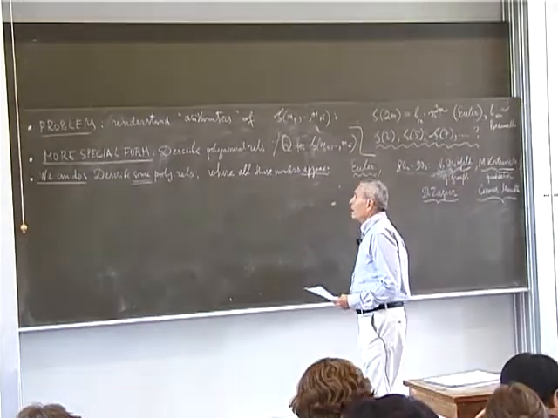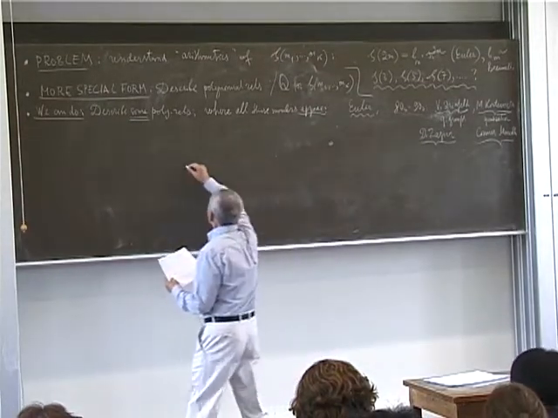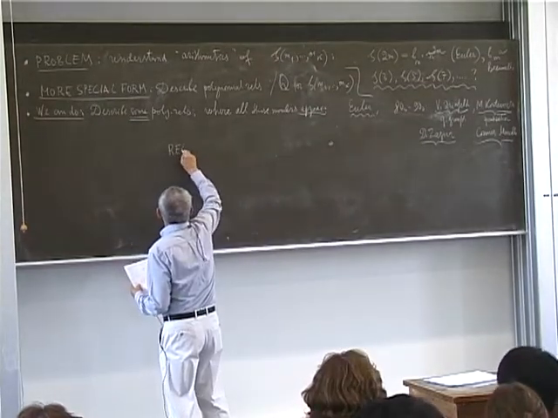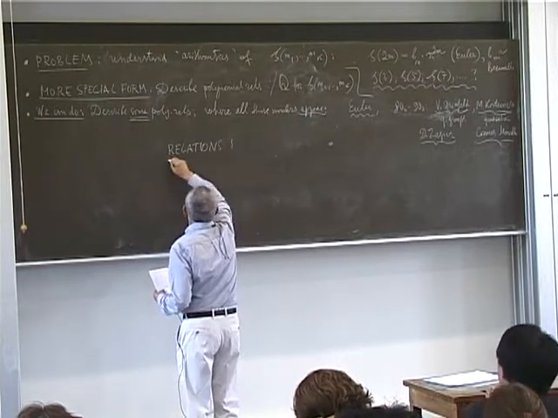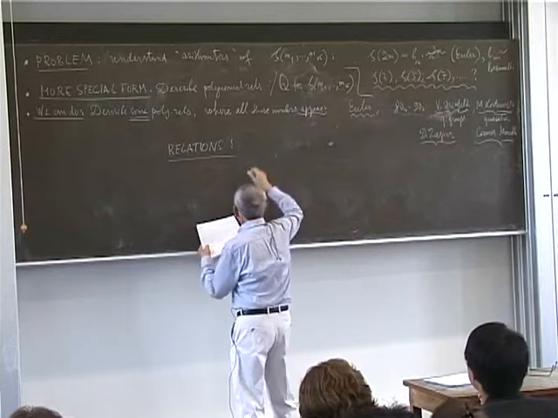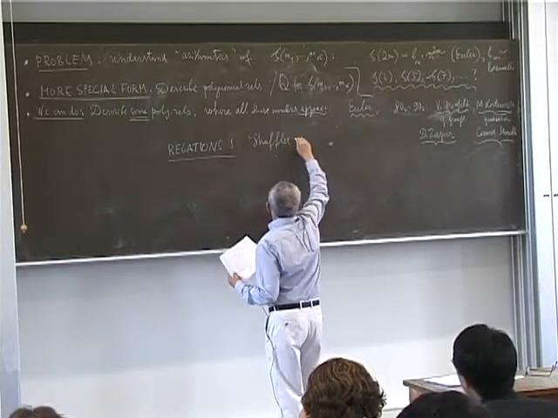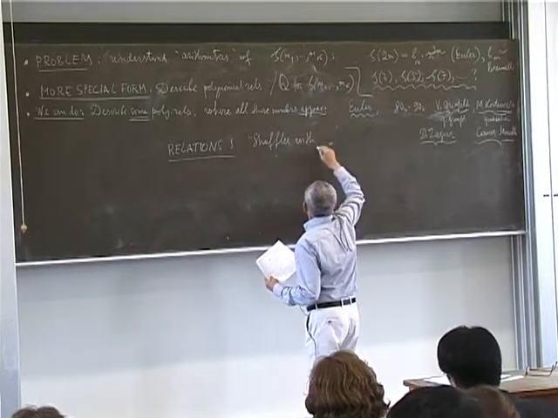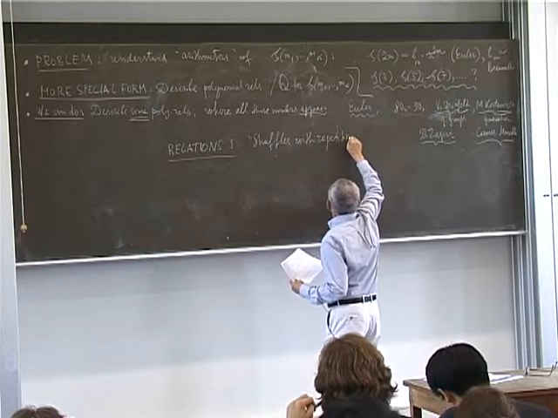Okay. So now how do you get relations? Well, I will explain two ways of doing it. And the code word is shuffles. The first way is getting relations using shuffles with repetitions.